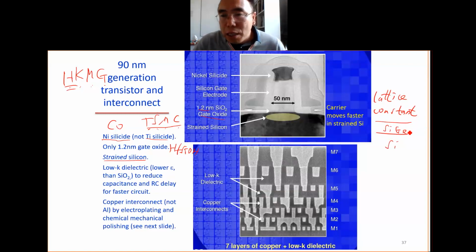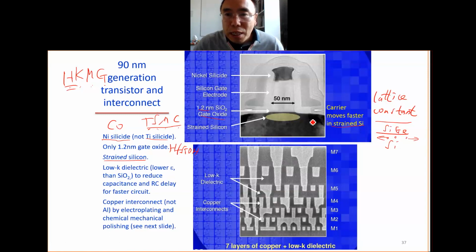So if we coat silicon germanium on top of silicon, the atoms will be stressed. It's called strained. The lattice constant will become bigger. So this is called strained silicon.